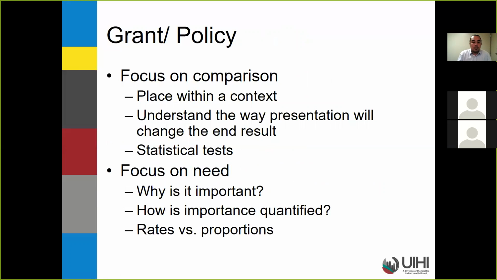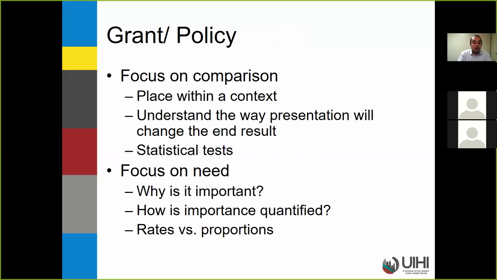Additionally, when I look at presenting numbers for grant or policy advocacy, there's very much a need for comparison. Oftentimes, if we just present a low number, it may not have that much relevance if it isn't placed within a particular context. We also want to understand the way that presentation will change the end results.